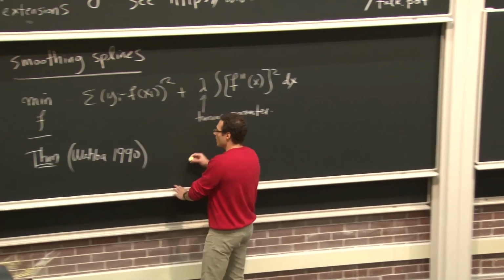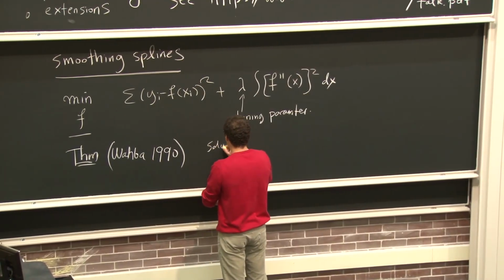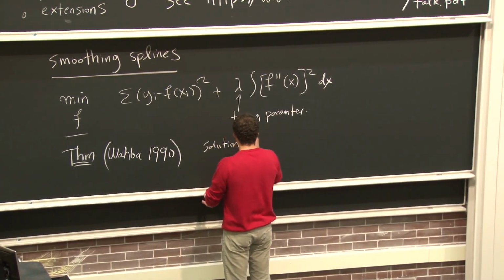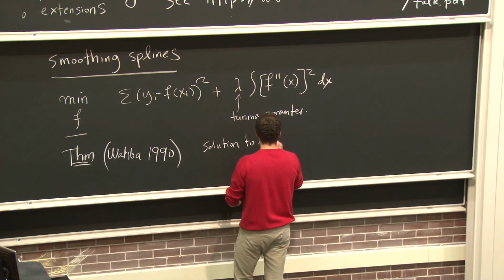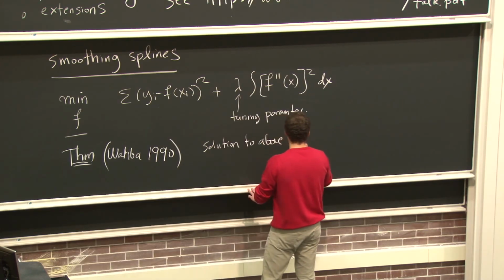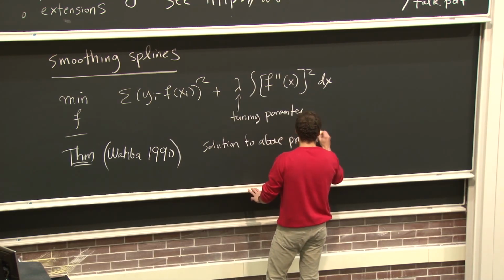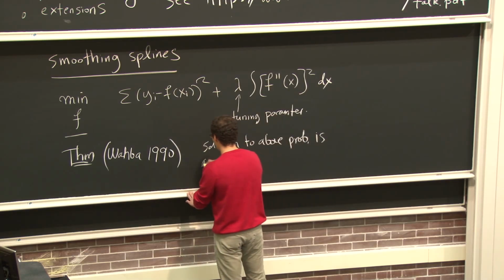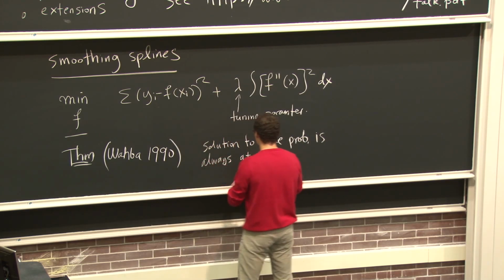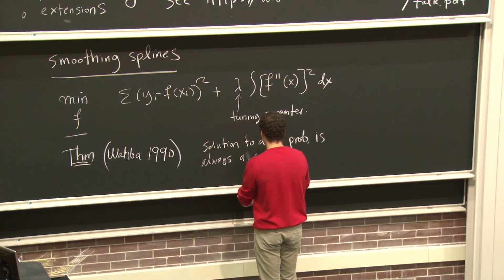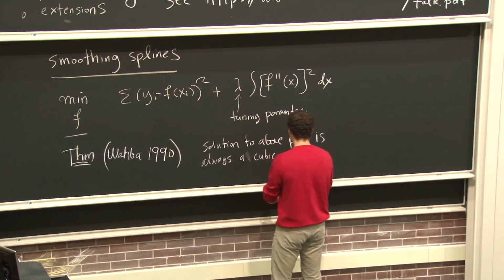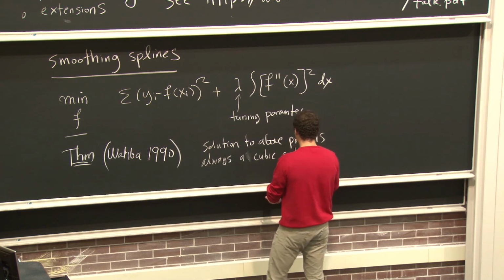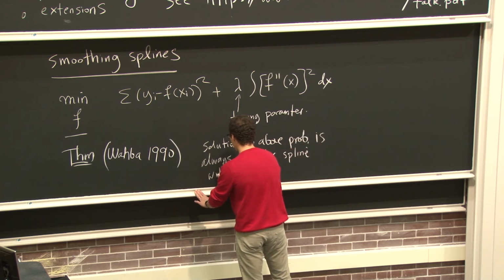The theorem is that the solution to the above problem is always a cubic spline with knots at the data points.